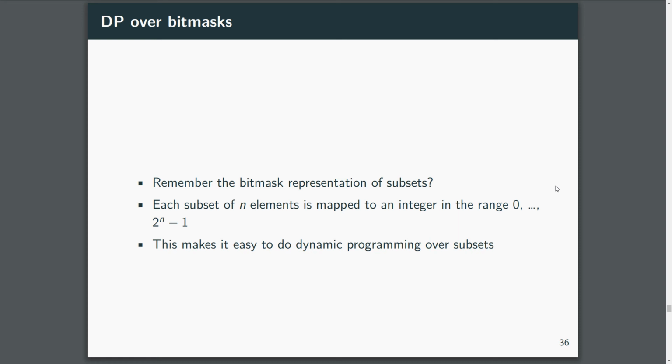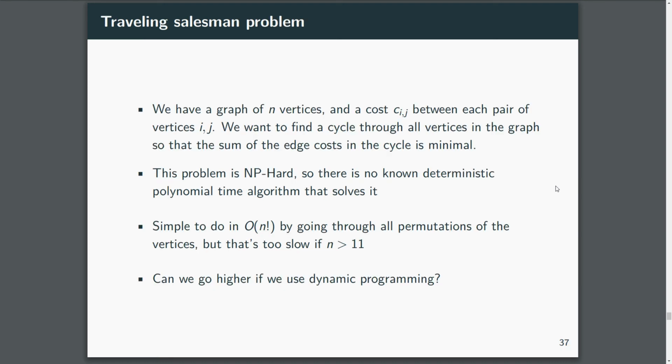So another thing we can do with dynamic programming is we can use bit masks. If you recall the bit mask representation of subsets, they are mapped to integers. And this allows us to easily do dynamic programming over subsets. So let's look at a famous problem where this can be applied. The traveling salesman problem.